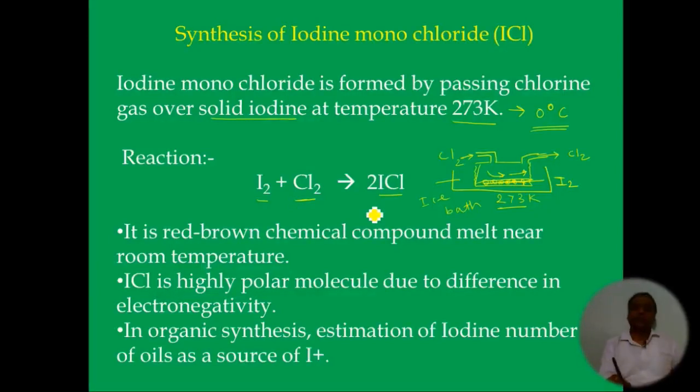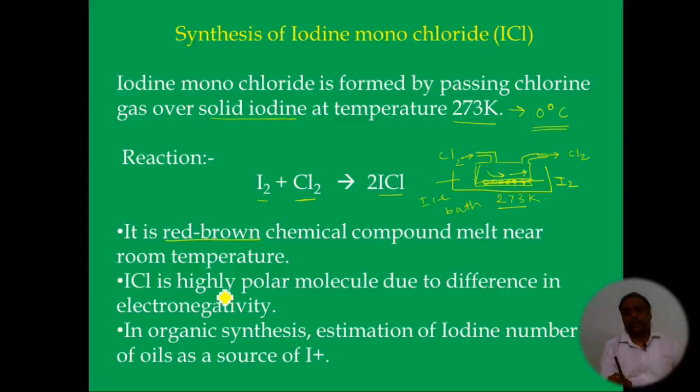Now let's see the properties of iodine monochloride. Iodine monochloride is a red-brown chemical that melts near room temperature. That means its melting point is about room temperature, slightly below room temperature. That's why it melts near room temperature.